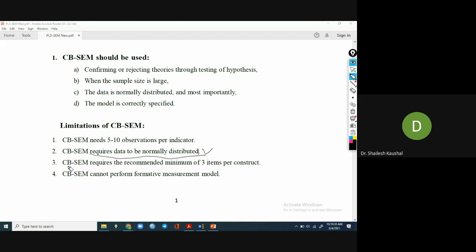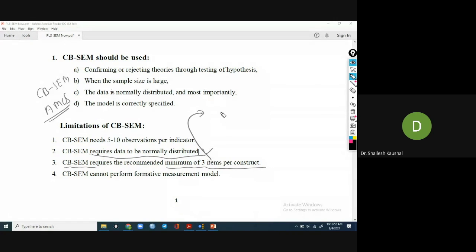Okay, and the other condition: CBSEM recommends a minimum of three items per construct. If we do not have three items per construct, we cannot perform CBSEM in AMOS, because there are three types of model.